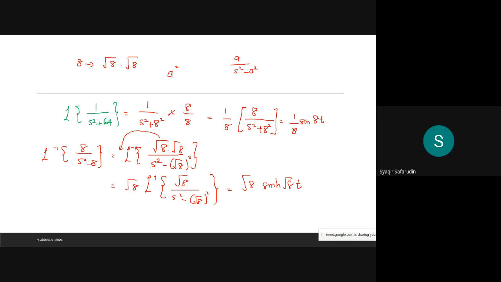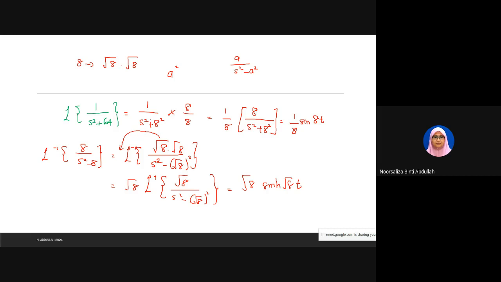Betul tak faham yang punca kuasa 8 yang atas tu. Hmm? Tak faham yang punca kuasa 8? Yang mana? 8 tu. Punca kuasa 8. This one. Ha. This one. Mana eh? This one. Punca kuasa 8.